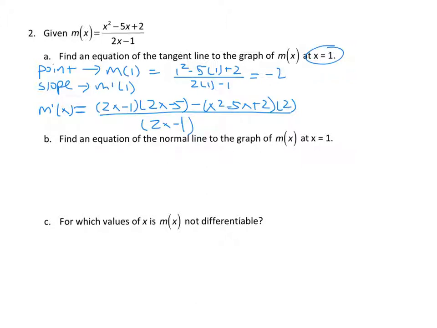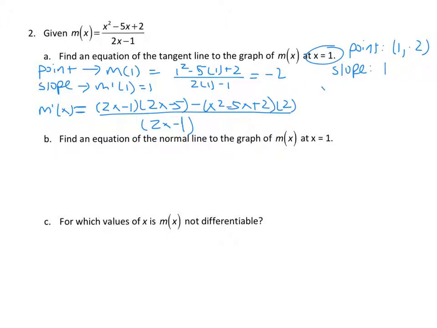When I plug 1 into that derivative, I get m prime of 1 is equal to 1. So my point is 1, -2, and the slope, the derivative evaluated at 1 came out to be 1.